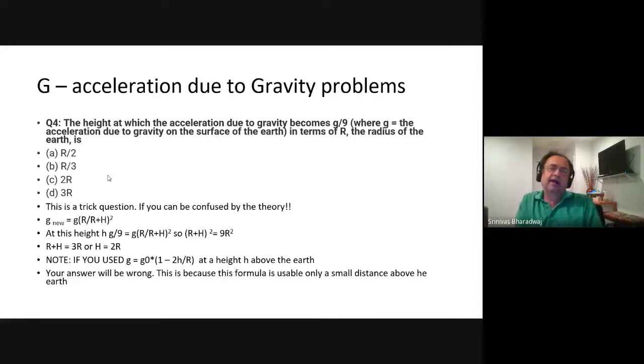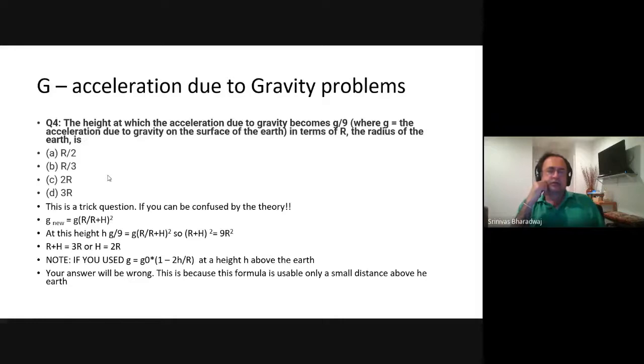All right. So acceleration due to gravity. The height at which the acceleration due to gravity becomes g by 9, in terms of R, the radius of the Earth, is... right. So in such cases, you cannot use the linear formula 1 minus 2h by R because there is a massive change in the gravity, right? Now you must use g by (R plus h) the whole square. So you should not get confused by the theory here.